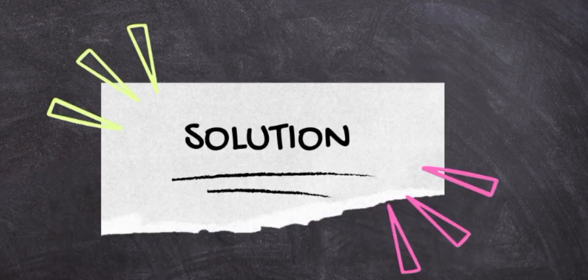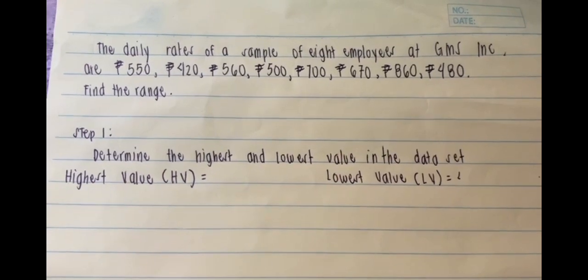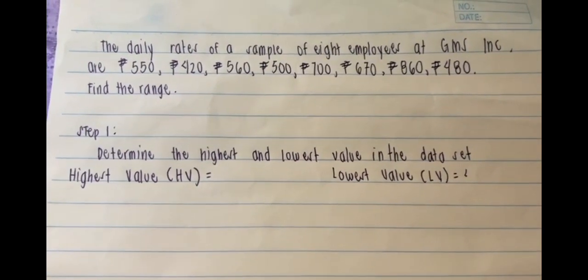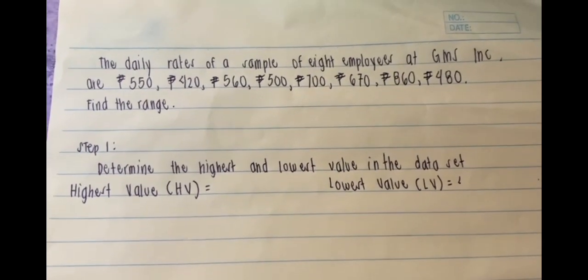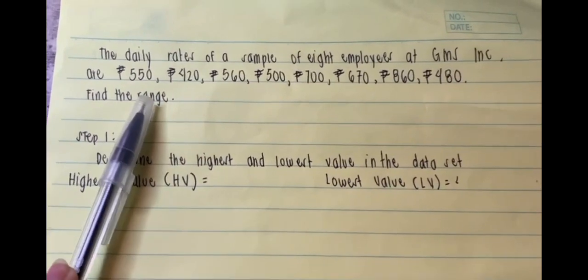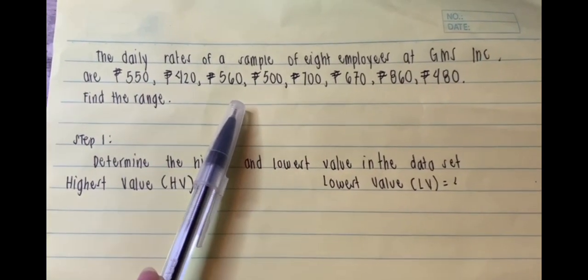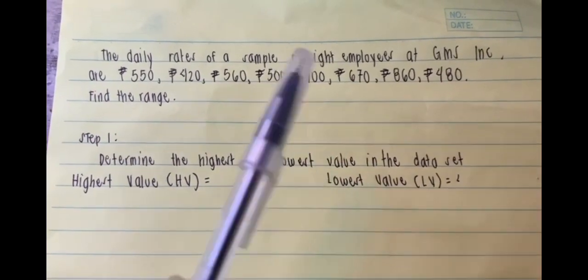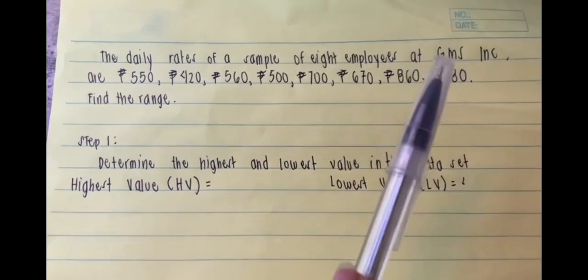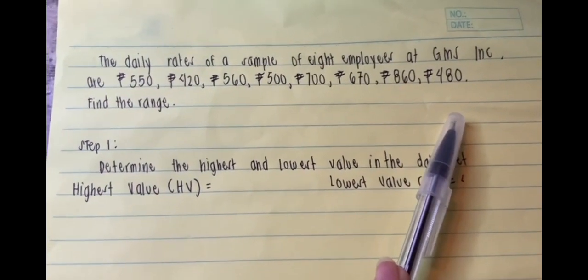Meron tayong dalawang step. Step 1, i-determine natin kung paano makukuha ang highest value at lowest value sa dataset. So, as you can see, ito yung ating dataset.